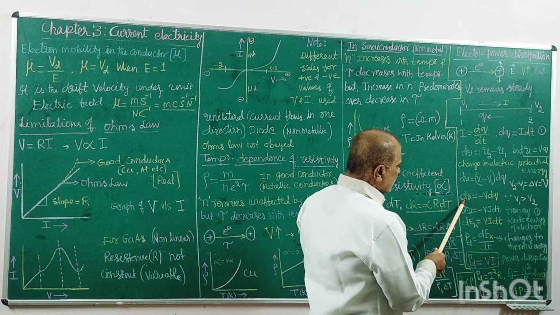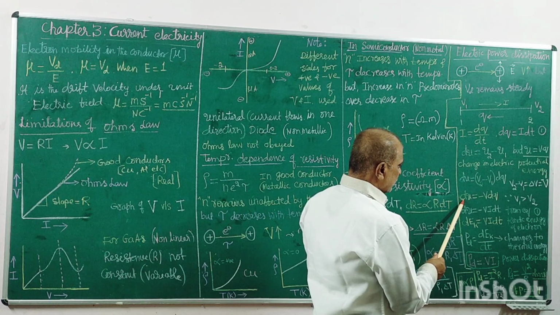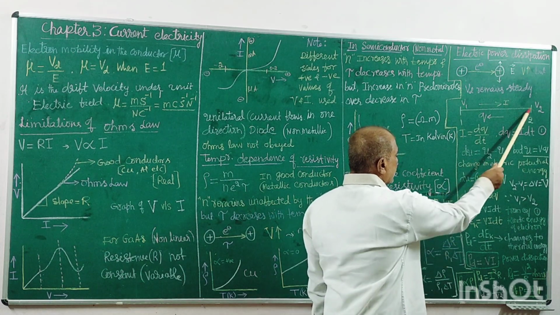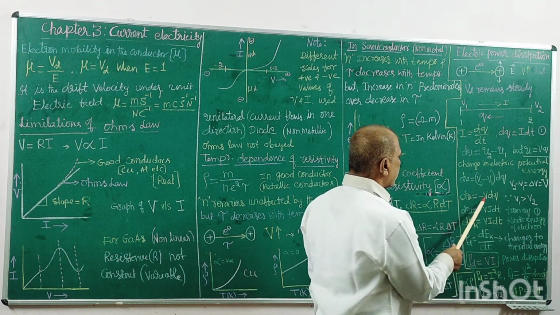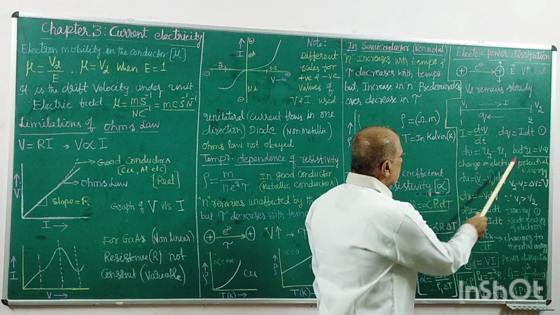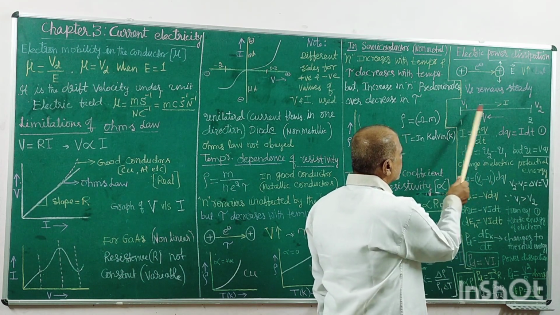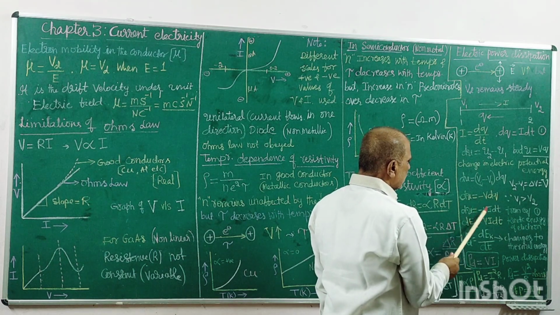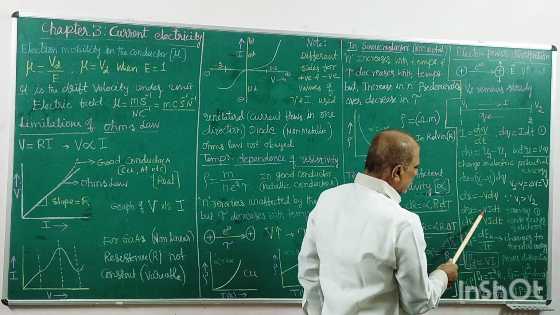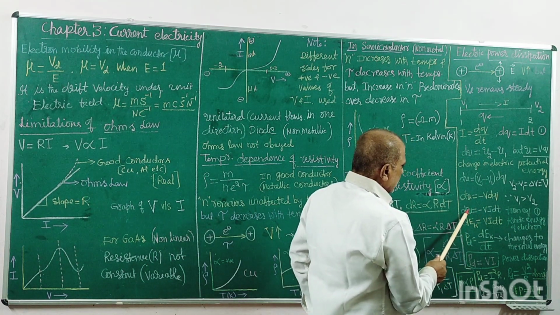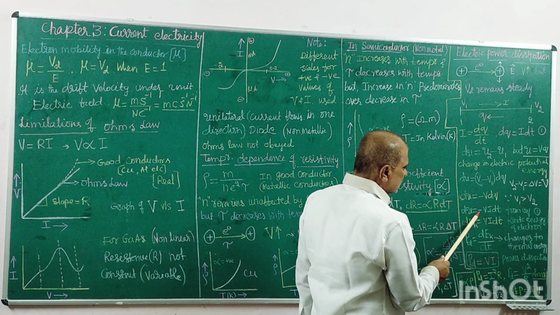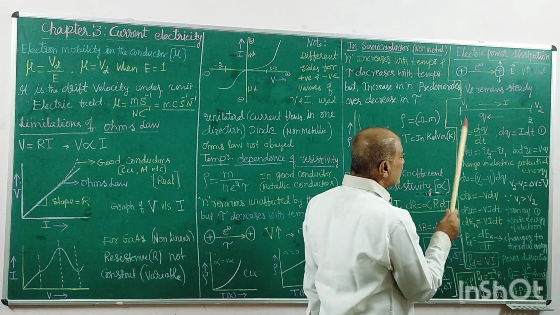That is the change in electric potential energy when the current flows from here to here. This is negative because V2 minus V1 is the higher potential minus the lower potential. The negative sign indicates that the potential energy decreases.